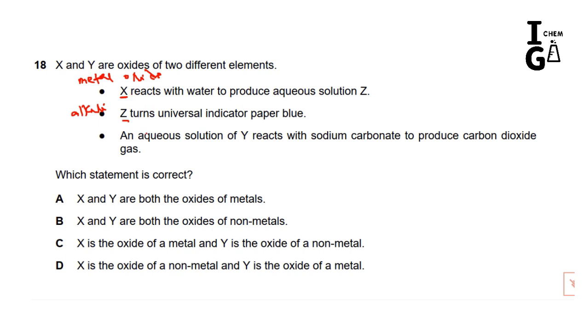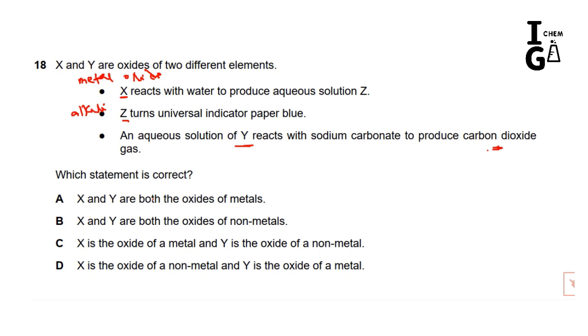And here we have an aqueous solution of Y that reacts with sodium carbonate to produce carbon dioxide. You know, guys, carbon dioxide from sodium carbonate means we should have an acid. So Y should be an acid.